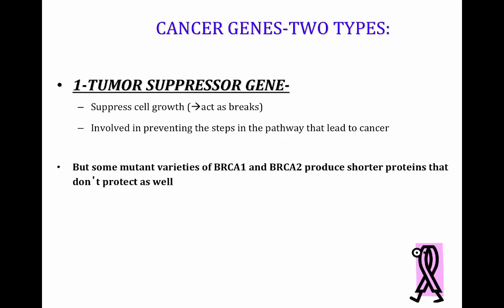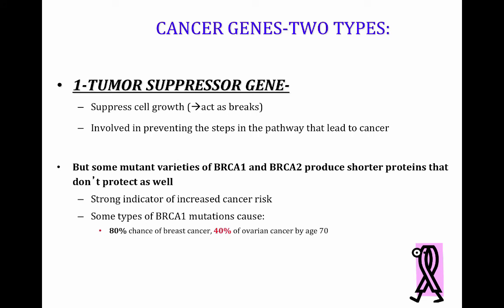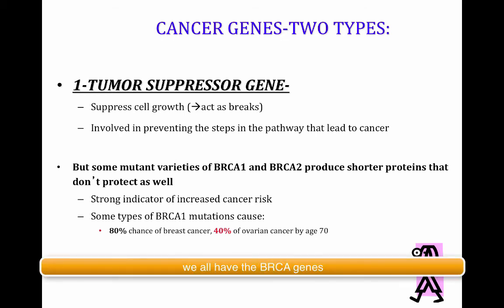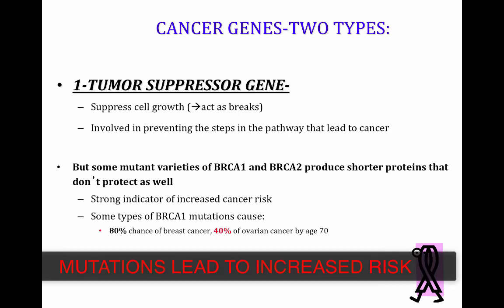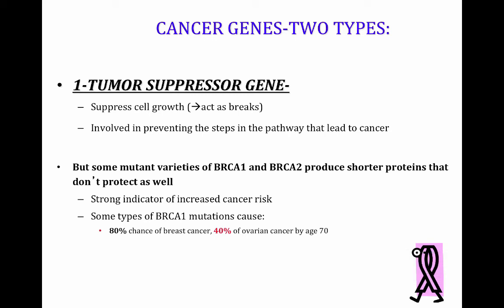Some mutant varieties of the BRCA1 and 2 gene will produce shorter proteins that don't protect as well. People who inherit the mutated varieties of these genes are the ones that inherit increased cancer risk. We all have the BRCA1 and 2 genes, but it's the mutated form of these genes that is associated with an 80% increase in breast cancer and a 40% increase in ovarian cancer by the age of 70.